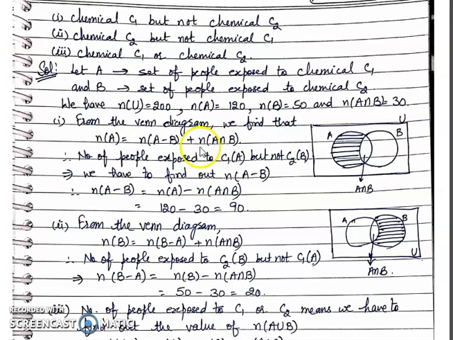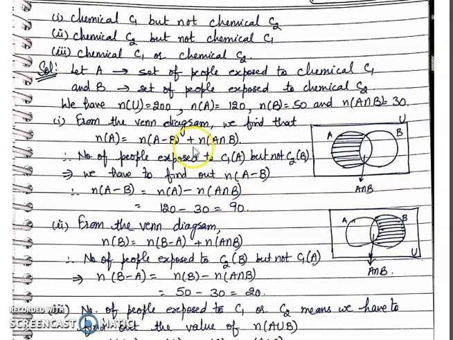So the number of people exposed to C1 but not C2 means A minus B. So from A we have to subtract B, meaning the number of elements of A minus the number of elements of A intersection B. So put the values: 120 minus 30, this gives you 90.